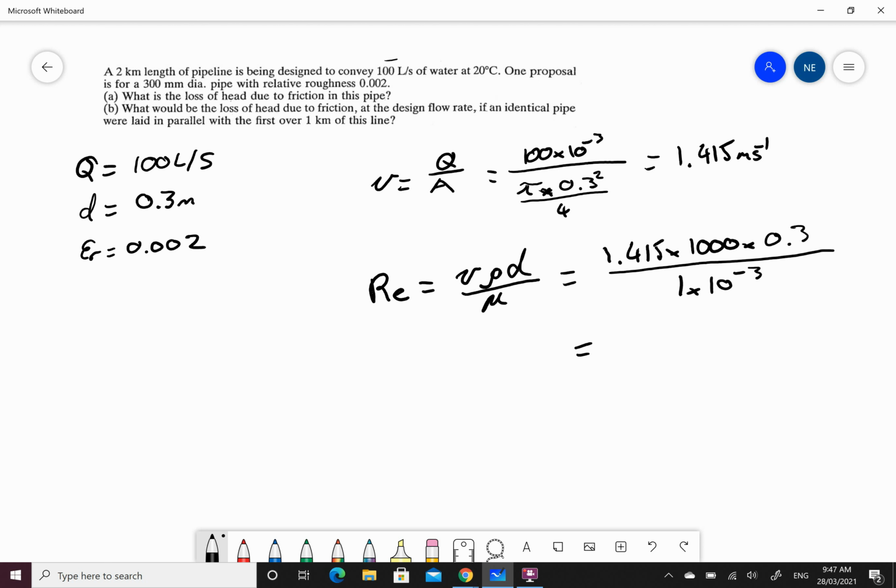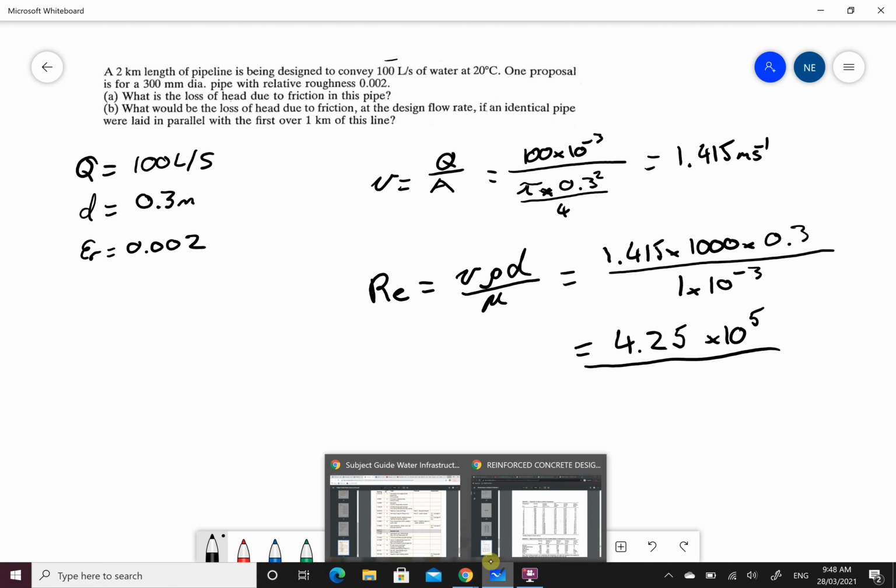And what we end up with is our Reynolds number of 4.25, or 245, sorry, times 10 to the power of 5. Okay, we can round this up to 2 significant figures, so 25 is okay. It's probably better actually for the Reynolds. Makes it easier for the Moody diagram.